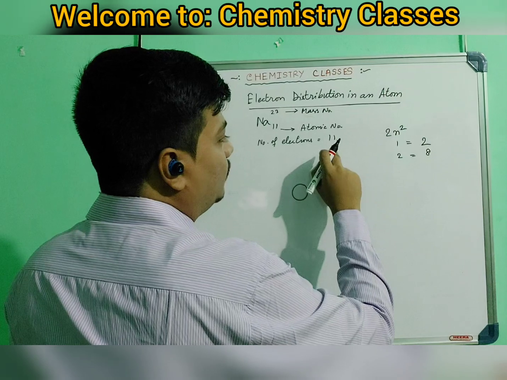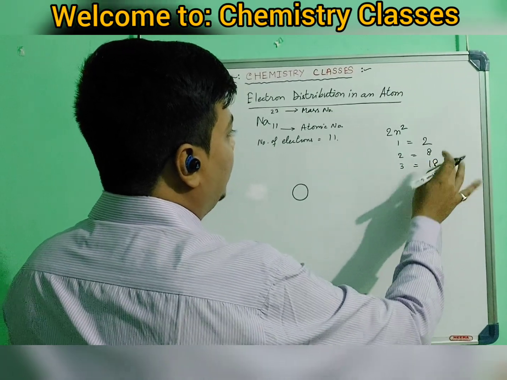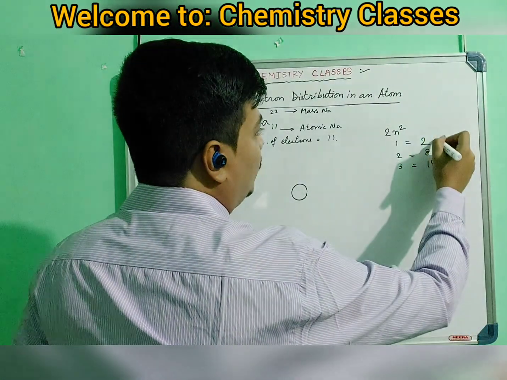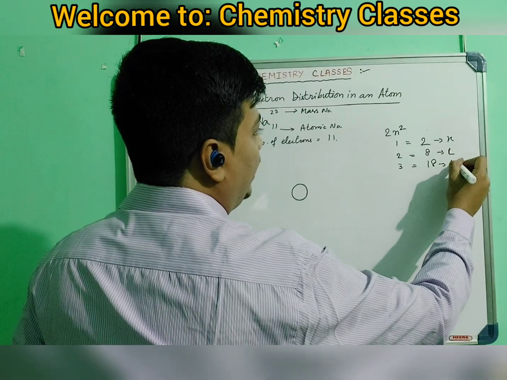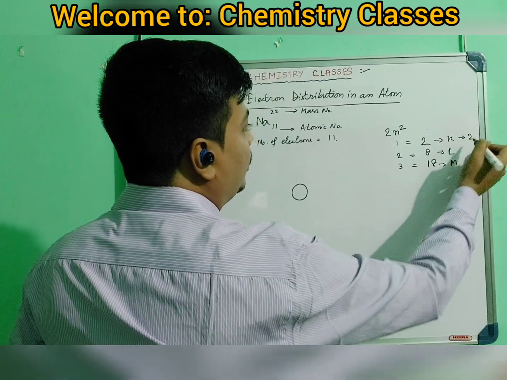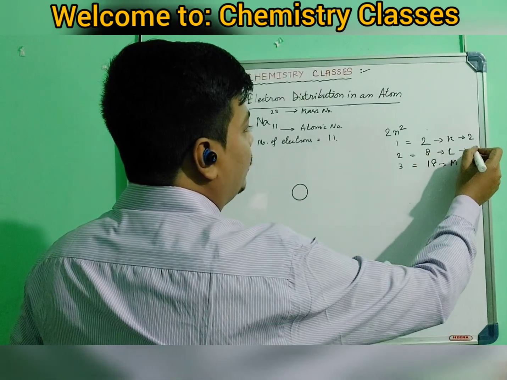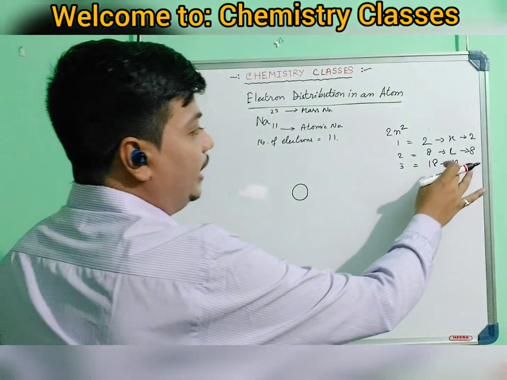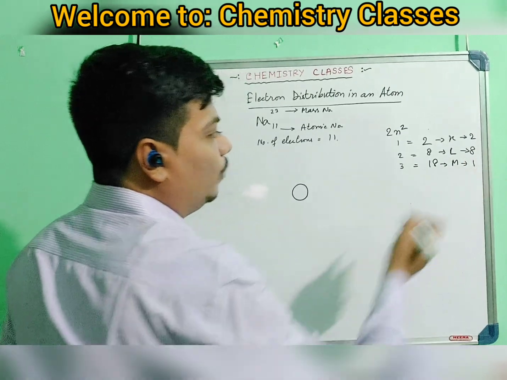But I still have one more, so for n equals 3, I would have 18, but I don't need 18. This is for the K shell, this is for the L shell, this is for the M shell. So in the K shell I can accommodate 2 electrons, in the L shell I can accommodate 8 electrons, and in the M shell, the only one left, I will give 1 electron.